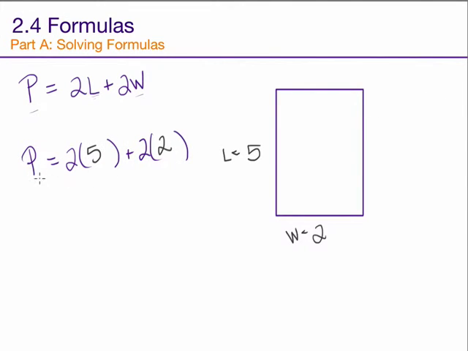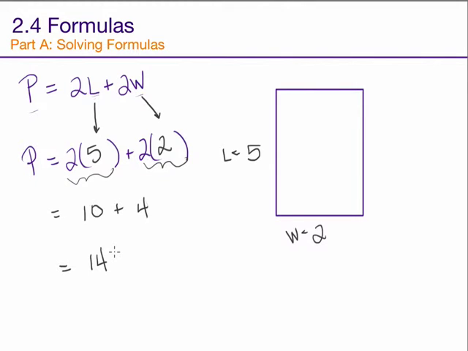So, the perimeter of a rectangle whose length is 5 and whose width is 2 is found by multiplying 2 times 5 and adding 2 times 2. The perimeter of this rectangle is 14.